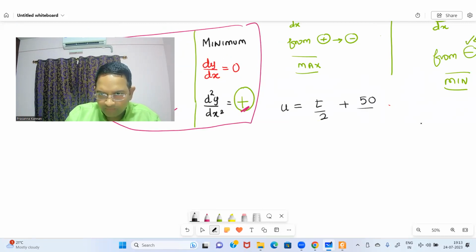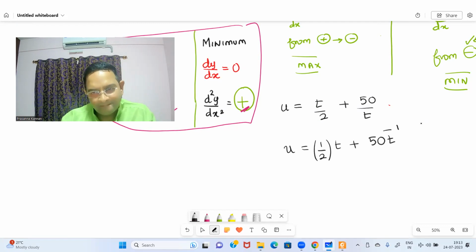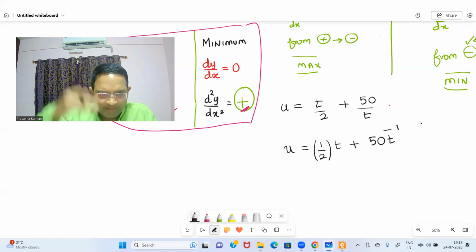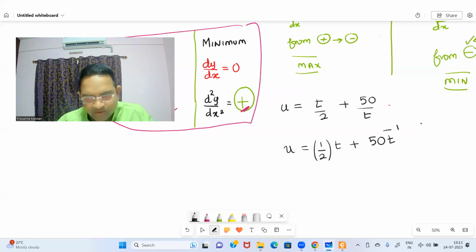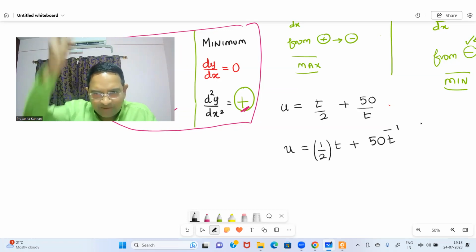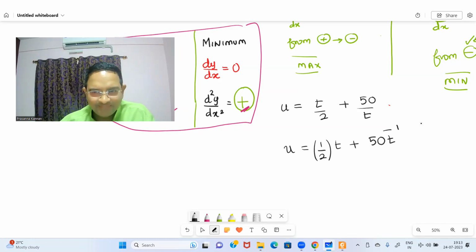To make it a little comfortable for us, we'll write this as half t plus 50 t power minus 1. Can I write 50 by t as 50 into t power minus 1? One by t, I'm writing as t power minus 1. Is it okay?